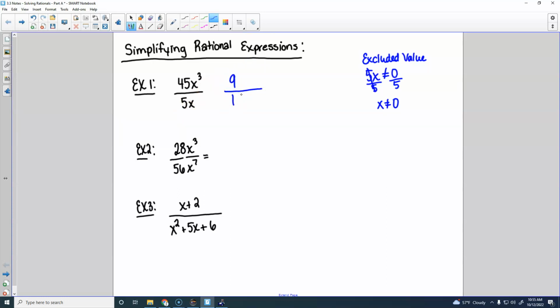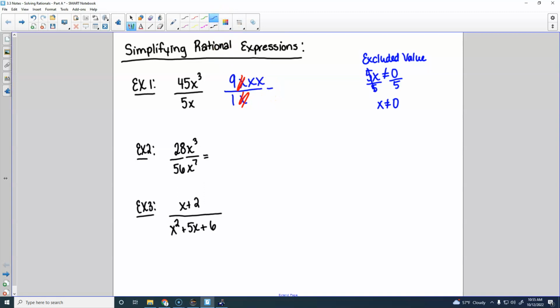You don't have to write the 1 if you don't want to, but I'm going to for right now. Then I have 3 x's on top and only 1 on bottom. I'm going to write this out the long way just to make sure everybody's with me here. So if I got 3 x's on top and only 1 on bottom, if I have an x on top, it can cancel with one of the x's on bottom, right? Just leaving me 2 x's on the top.